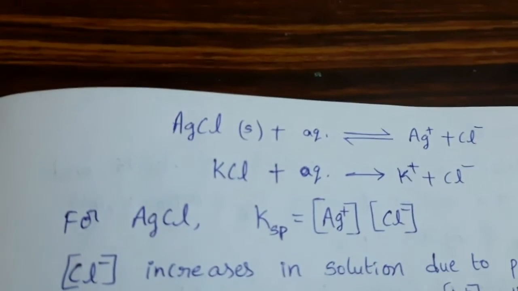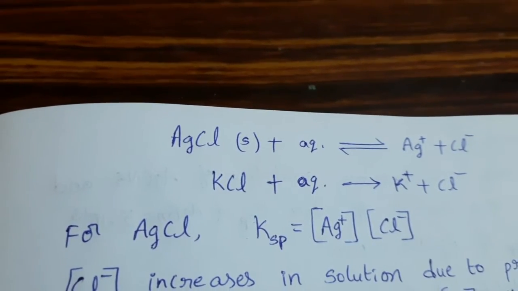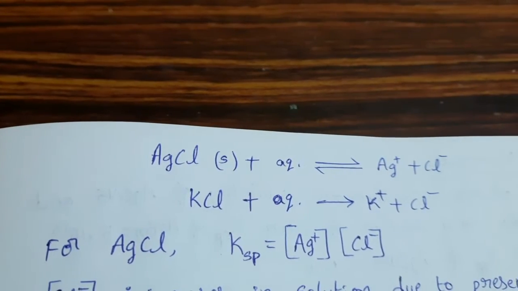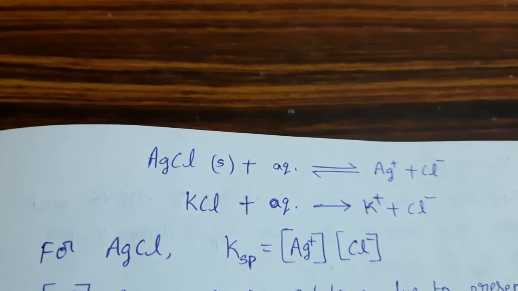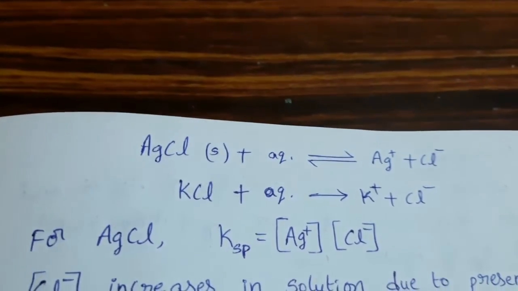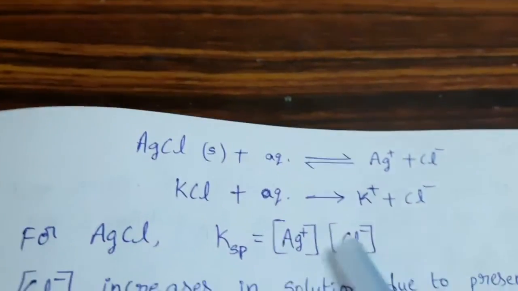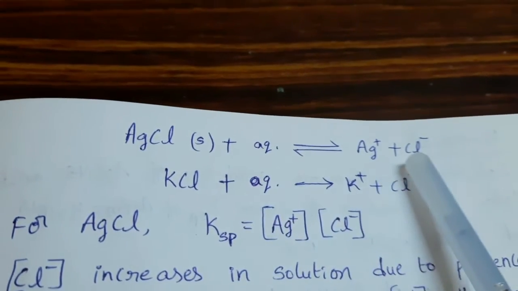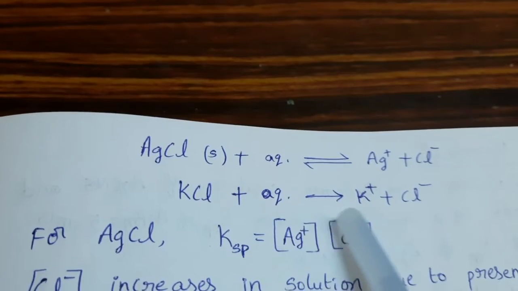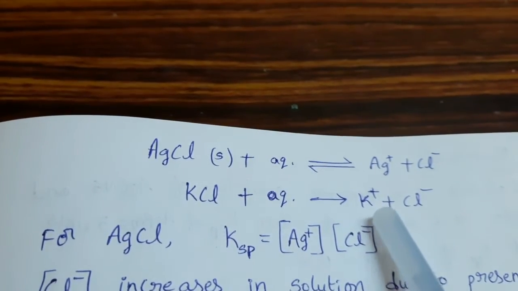See these reactions. AgCl is a sparingly soluble salt, so it undergoes very little ionization. AgCl solid plus aqueous gives rise to Ag+ and Cl-. It exhibits an equilibrium reaction, and KCl is a neutral salt. It undergoes complete ionization and produces K+ and Cl-.